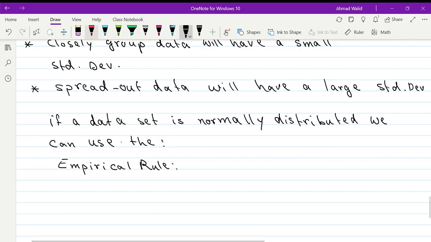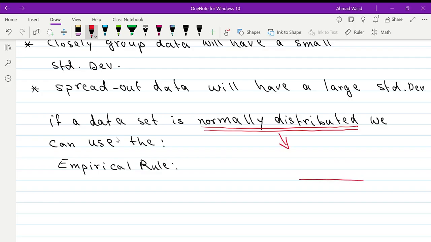But remember this, I'll underline it. Only and only if your data is normally distributed. What does it mean? It means your graph is a bell shape like this. You get a bell-shaped graph and your mean is usually here, x bar or mu, whatever you use.